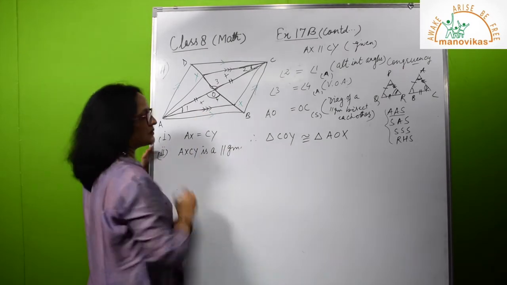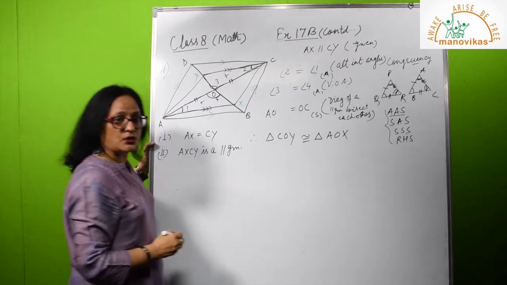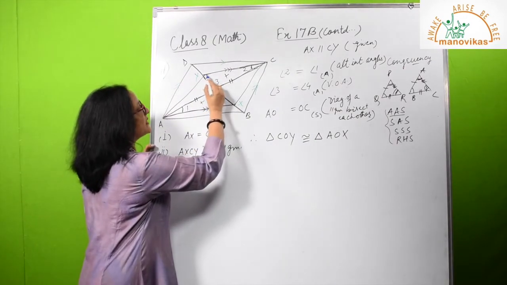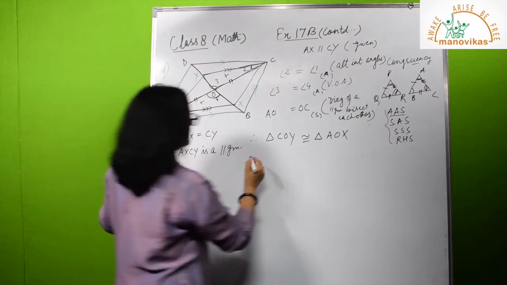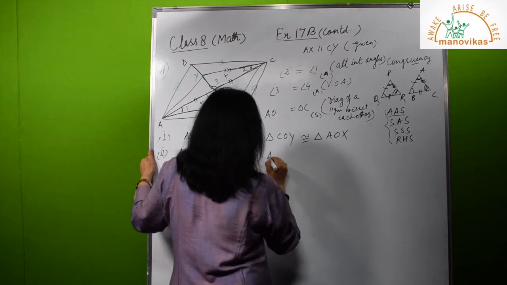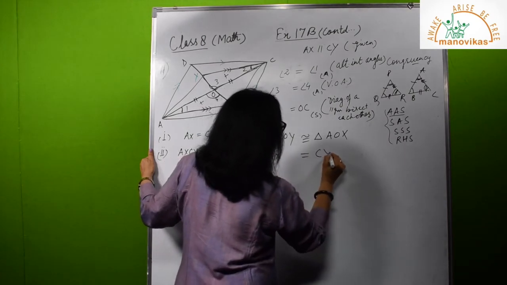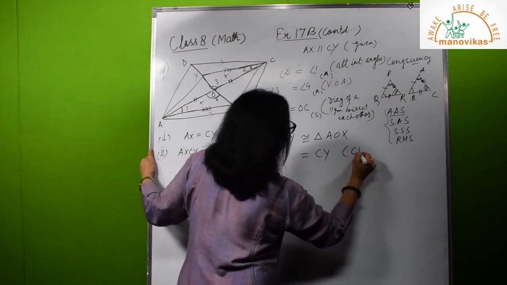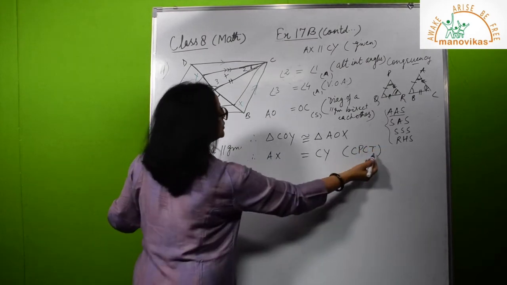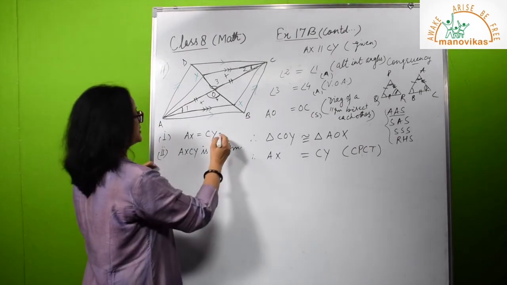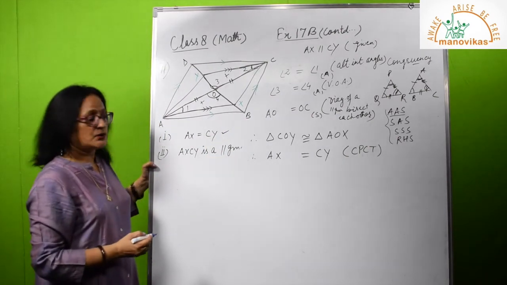These two triangles are congruent. If the triangles are congruent, their corresponding parts are equal. That means CY is equal to AX. Therefore, AX is equal to CY by CPCT, meaning corresponding parts of congruent triangles. So the first part we have proved.